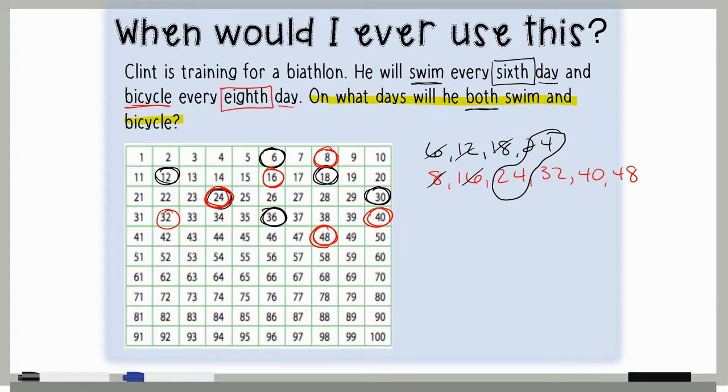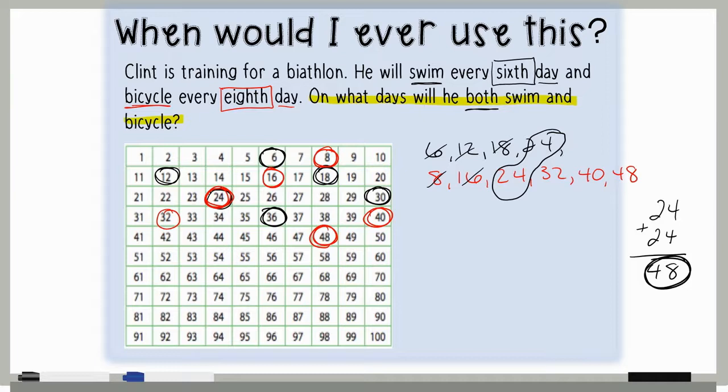Now, because the first day that this happens is on the 24th day, that means that it's only going to happen every 24 days. So if I look at the 24th day and add 24 more days, I get 48. So the 48th day should be the next day that both things happen. Well, let's go ahead and take a look.